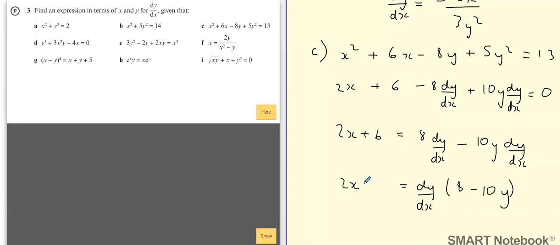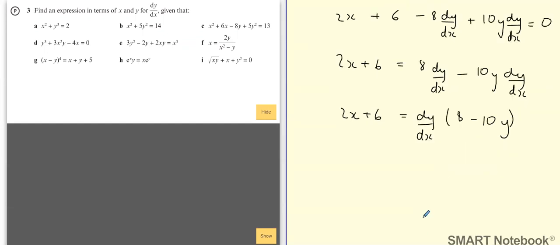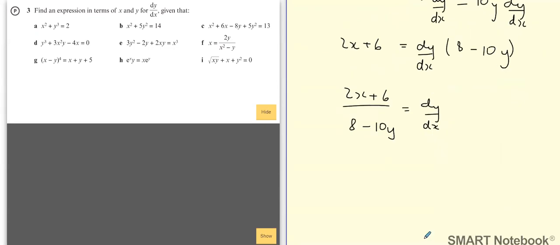I've got 2x plus 6 here. And if I now make dy by dx the subject, I get 2x plus 6 over 8 minus 10y. Now I don't need to do any simplification of this, and in fact, when I do that, I'm going to increase my chances of getting it wrong. The less you do, the better.